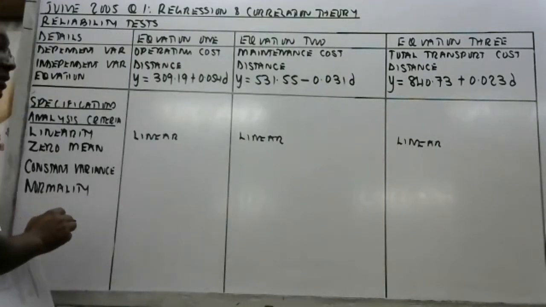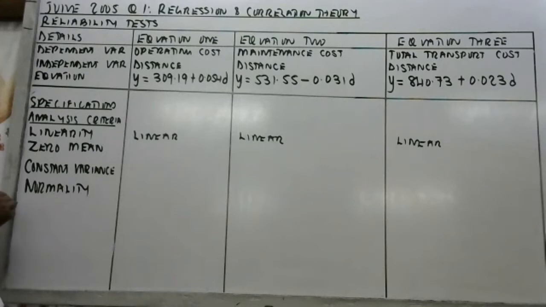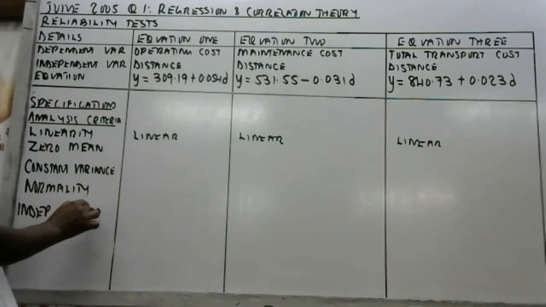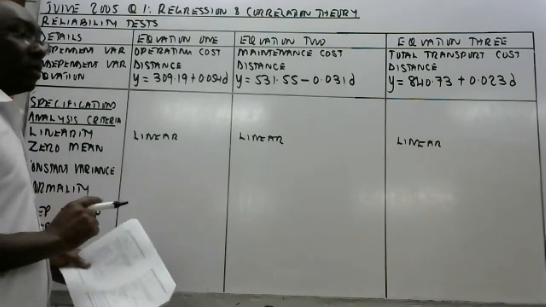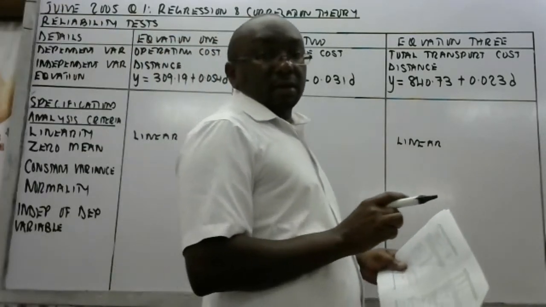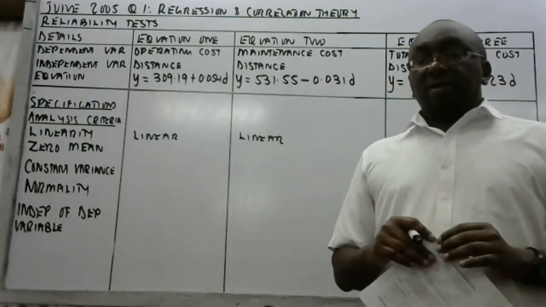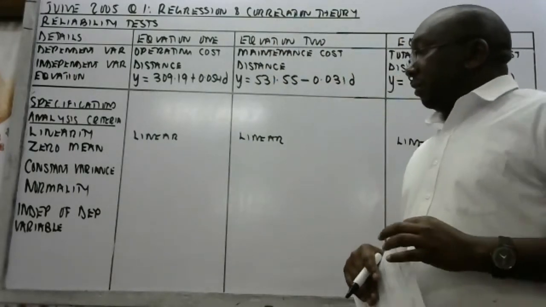The next assumption is independence of dependent variable.